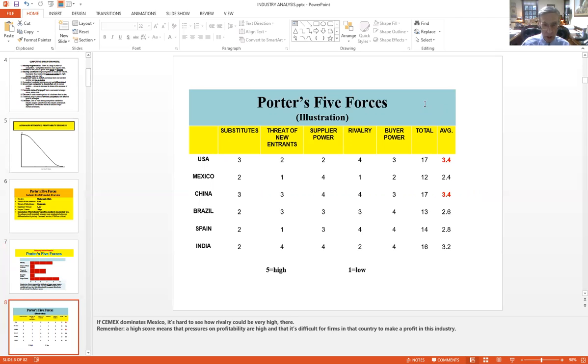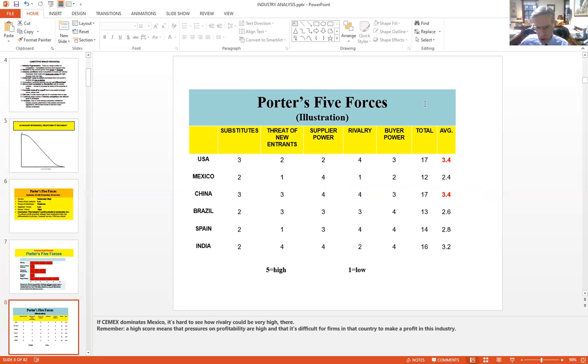And this can be very helpful when you're doing strategic planning in a multinational corporation. So in this particular case, we can see that the US and China have the highest loadings on Porter's five forces scale. What does that mean? It means that profit potential is lowest in those countries because these forces that push down profit are strongest.